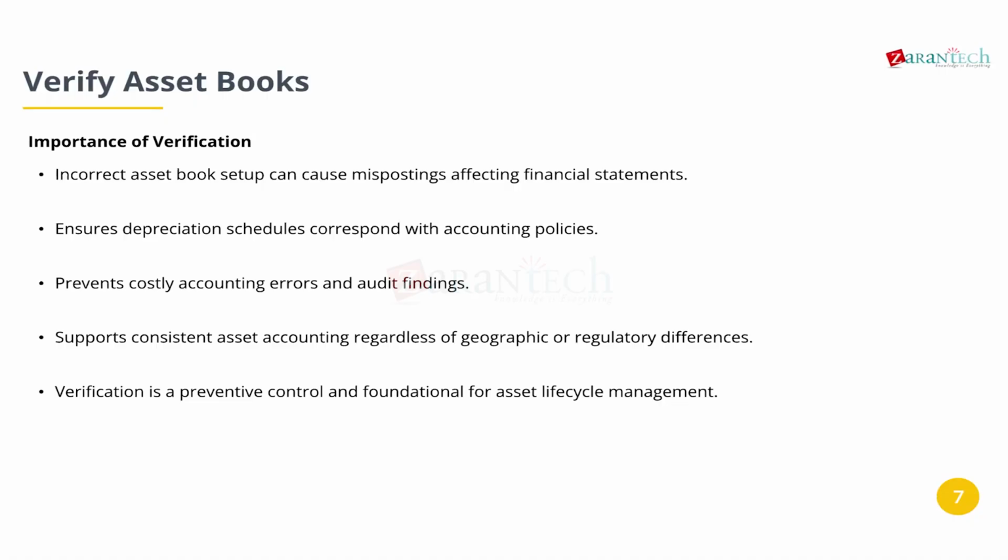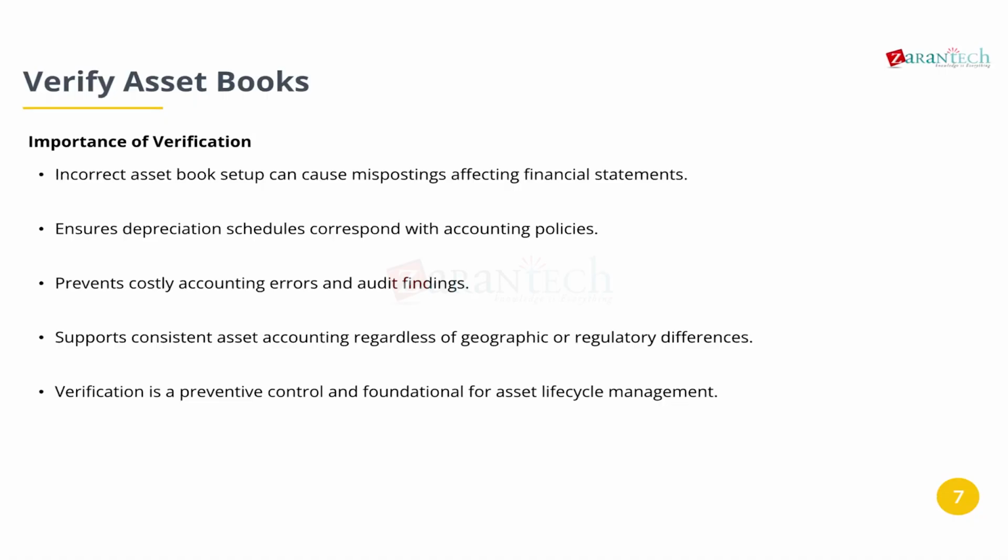The whole purpose is to have depreciation and other life cycle events like selling the asset, disposing of the asset, and impairment of the asset. So we need to ensure that the depreciation schedules correspond with the accounting policies. As I said, once we have the books in place, it will be super helpful in audit findings, and we can correct the accounting errors as well.